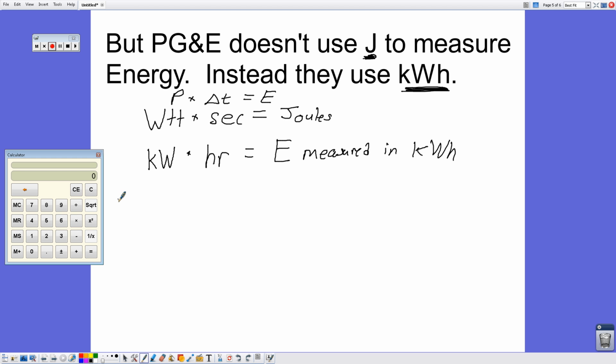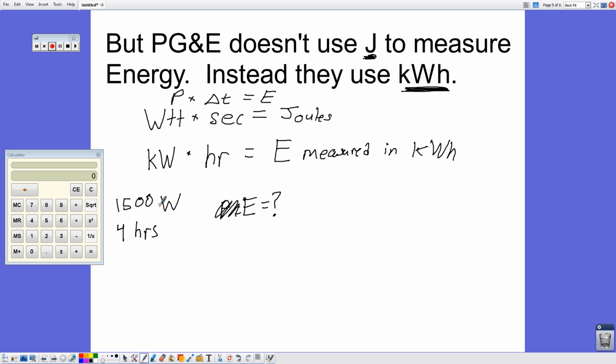Let's say we have a 1,500 watt engine. Say it's an electric motor. Alright, and we run it for 4 hours a day. I want to know how much energy is used.